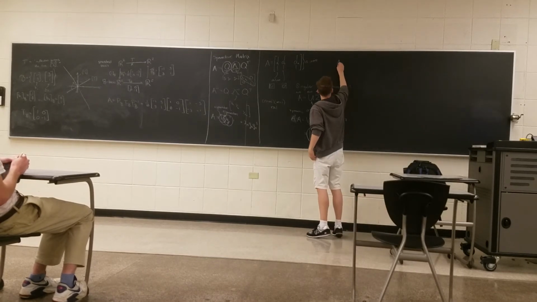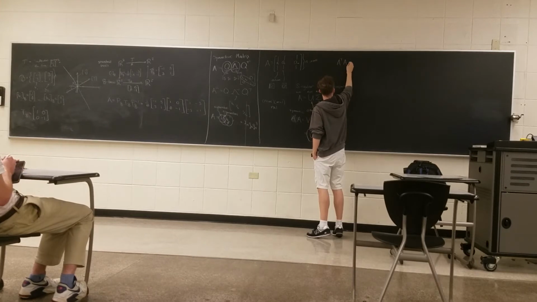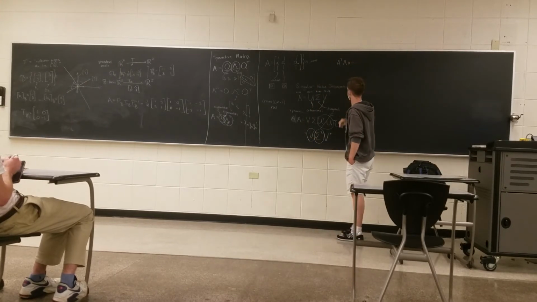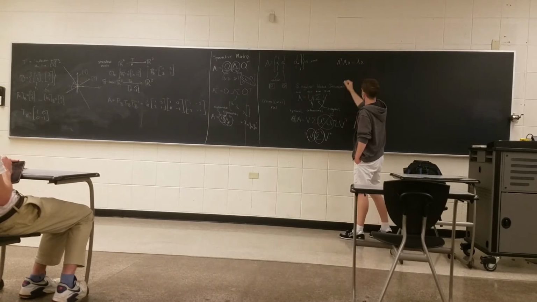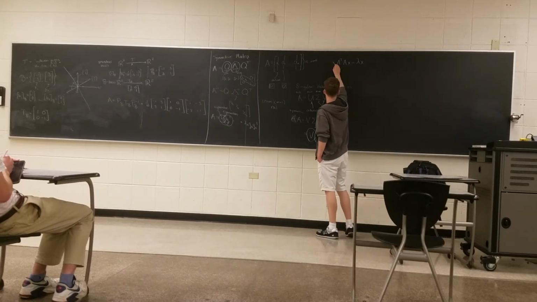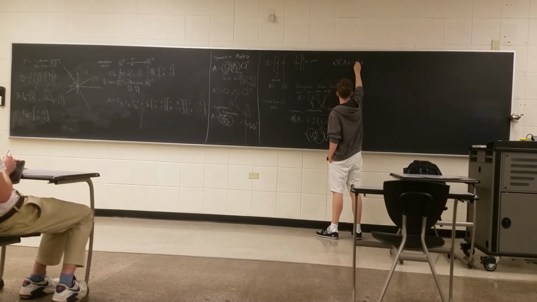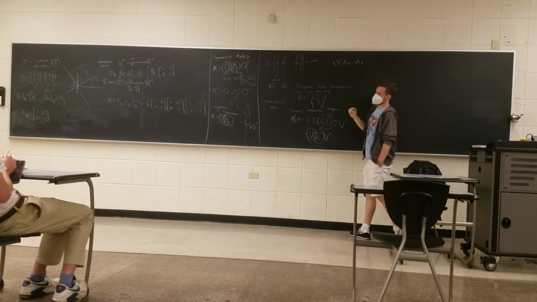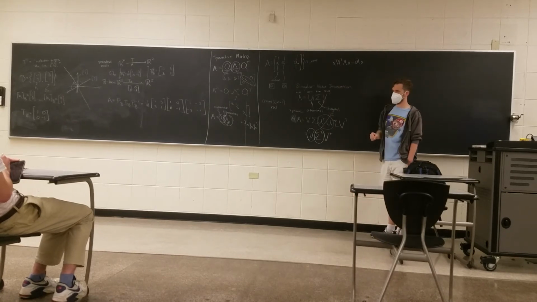So, if I take A transpose A X, then I should get lambda X. And if I multiply X on this side, X transpose on this side, I should get X transpose lambda X, right?